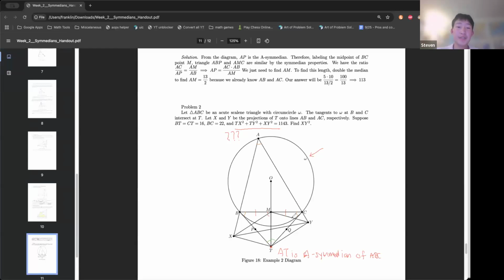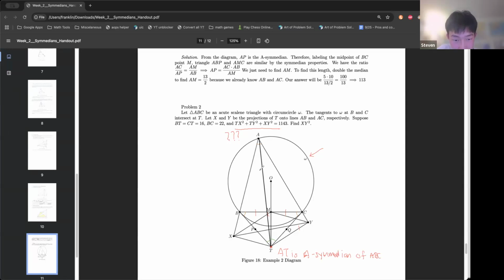If you call M the midpoint of BC, then by angle chasing, angle XYT is equal to angle XAT, because AX, TY are cyclic, which is equal to angle MAC. And similarly, angle TXY is equal to angle MAB.